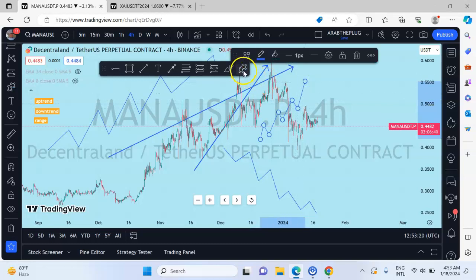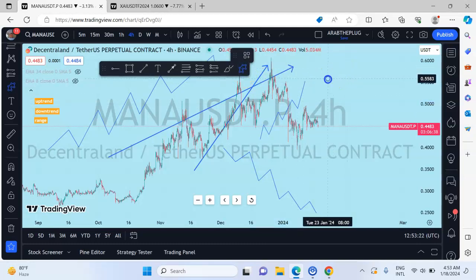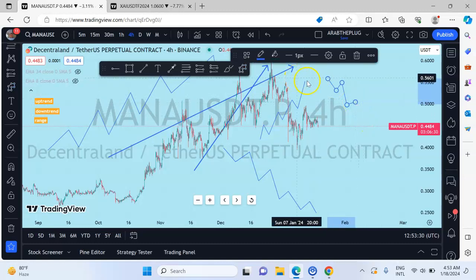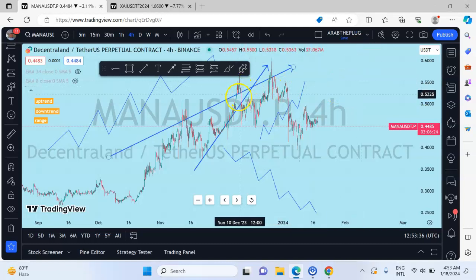And if the market wants to come down, it does something like this: comes down, moves up a little bit, then comes down again. That is how the market basically works, and that is why we have different kinds of market structure.